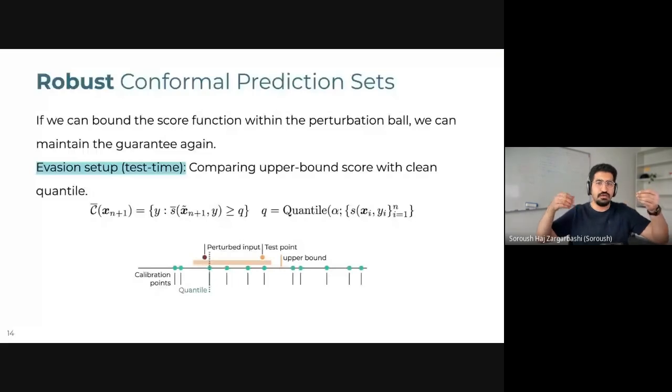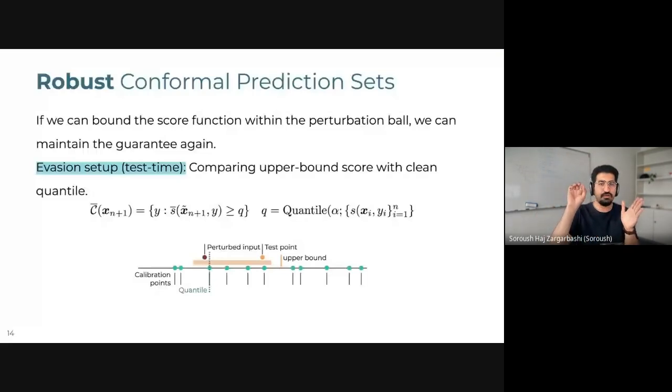And now this operation that I have done makes the whole system exchangeable with the lower bound score on the test point. So again, to rephrase it in a clear way, I have the lower bound on each calibration score, and these lower bounds are also exchangeable with the lower bound on the test score. But I know that for the clean test, my lower bound also is a lower bound for the perturbed input, because the perturbed input is within this bounded perturbation region around it.